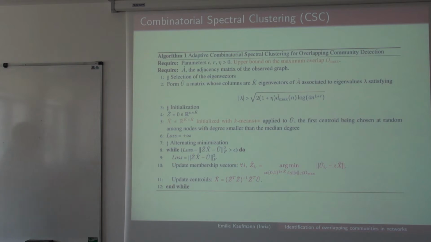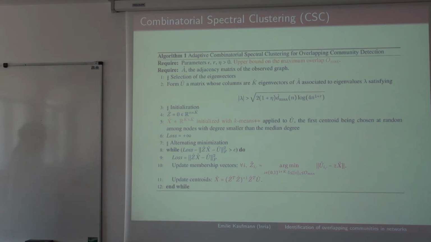And here we propose to do so with what is called a k-means plus plus procedure. So given the matrix U, we are going to choose carefully k rows of U to initialize the algorithm, and k-means plus plus permits us to choose these initial rows as far as possible from each other, and there is also some randomization.